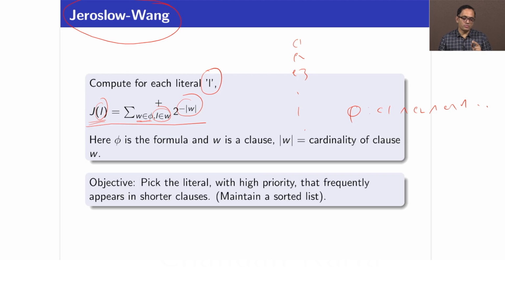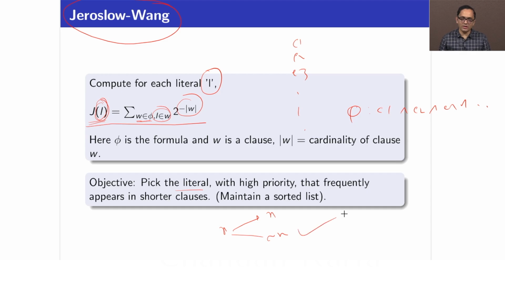Okay. So, it calculates this for each literal, and then it picks the literal that has the highest JL value. Effectively it picks the L that has the highest value. Now, you assume that if you have a variable x, you have two literals, x and not x.